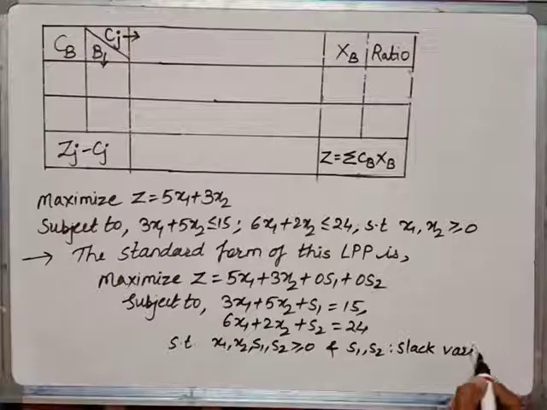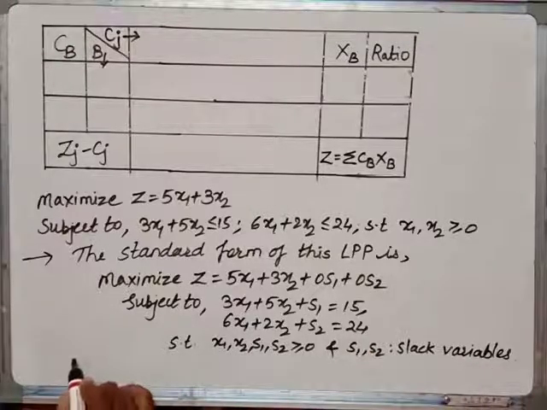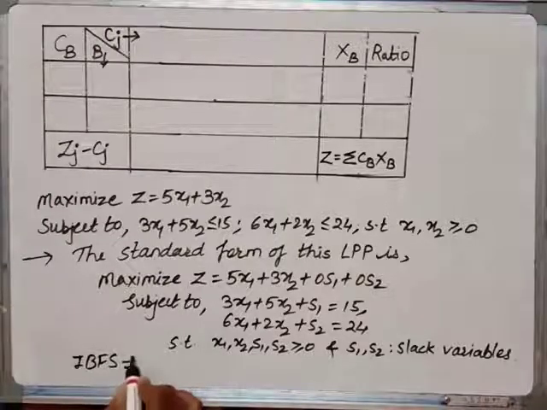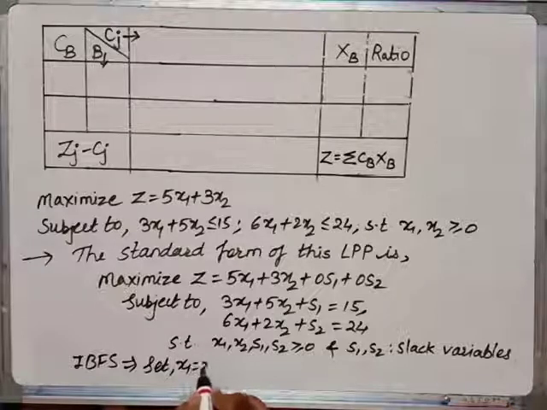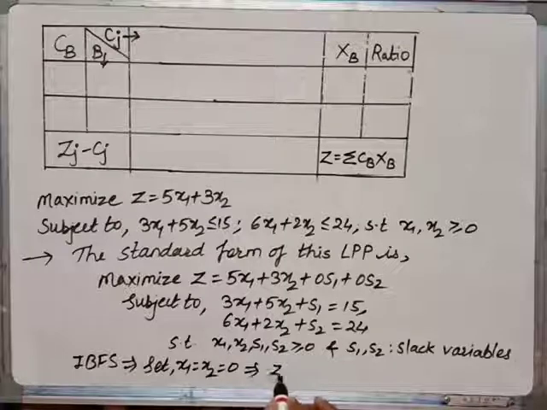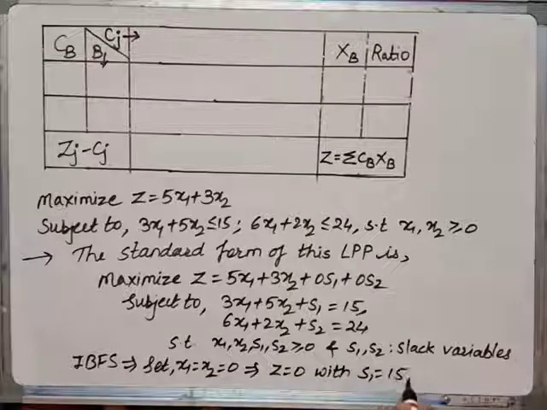This is our standard form here. And what is initial basic feasible solution? For initial basic feasible solution, we are setting x1 equal to x2 equal to 0. So that gives us z is equal to 0 with s1 equal to 15 and s2 equal to 24.